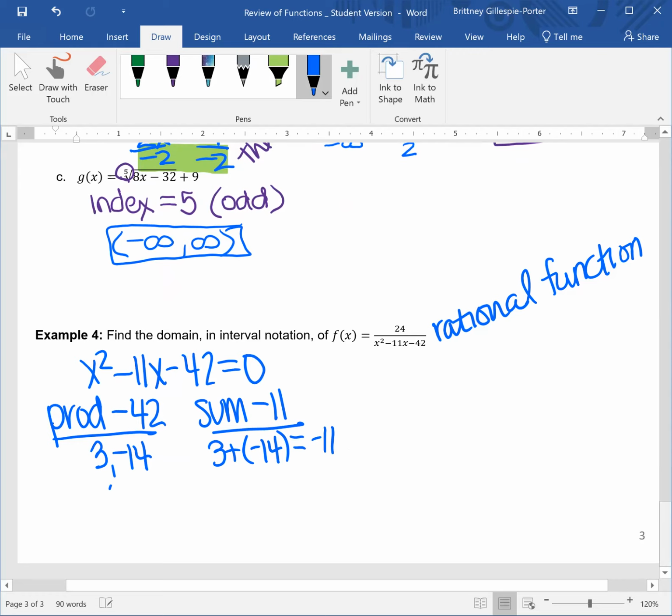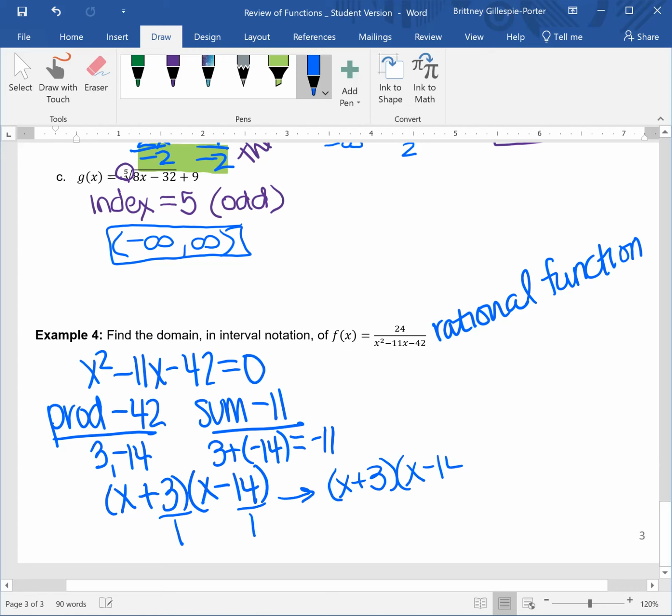Since the 3 is positive, I'm going to have x plus 3 and x minus 14 since it's negative. My leading coefficient was 1, which means when I do the division, it doesn't change anything. I have x plus 3 times x minus 14 equal to 0. By the zero factor property, we find out that x cannot be negative 3 and it can't be 14.